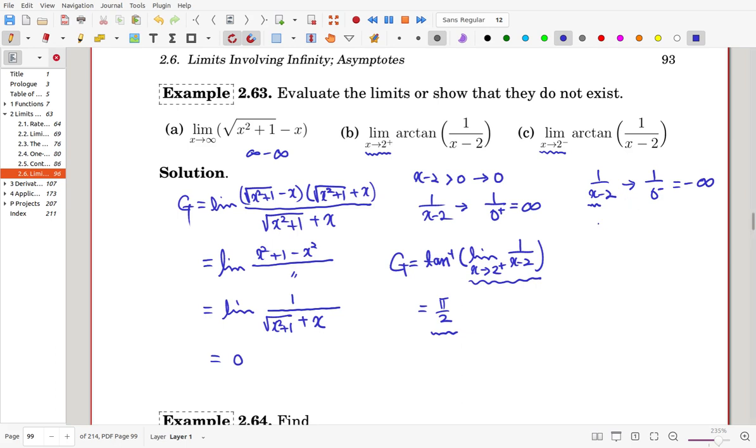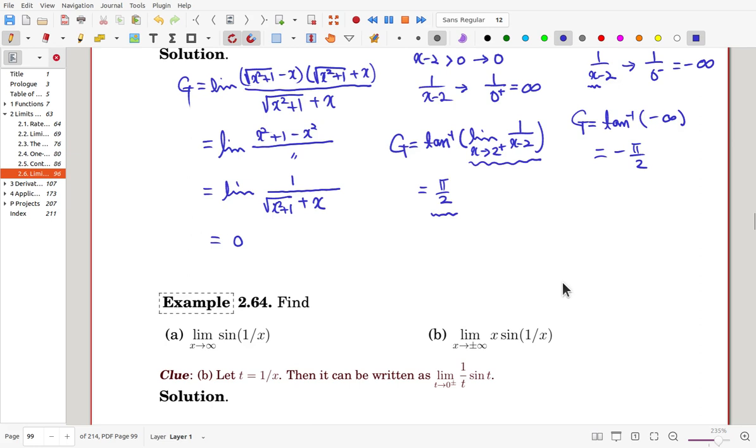So the given term is arctangent of minus infinity, which is minus pi over 2.